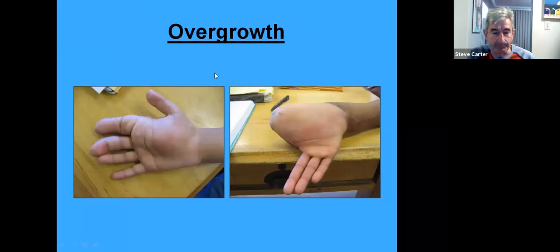Overgrowth, gigantism. These can be idiopathic, just occur, or they can be neurally driven. So things like neurofibromatosis can cause it. A hamartoma of the median nerve. Can you see how this hand on the left-hand side, my left, it's mainly the median nerve side of the hand?